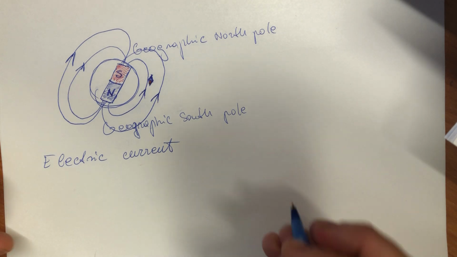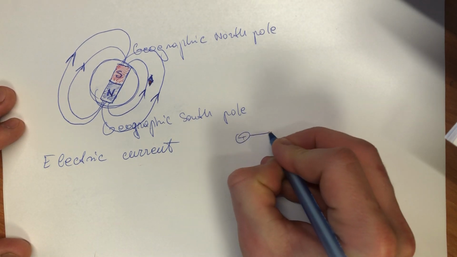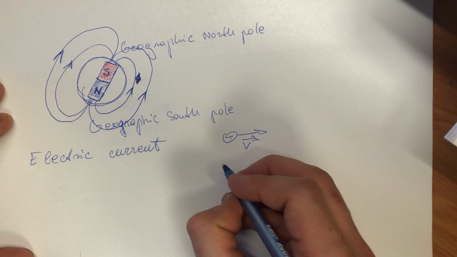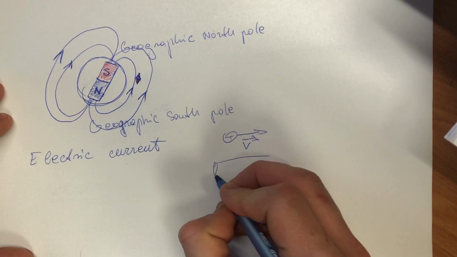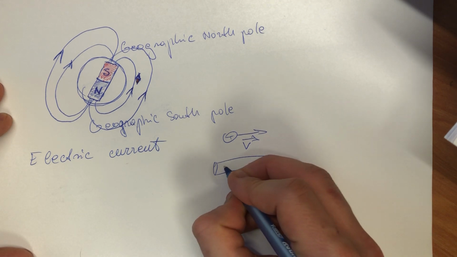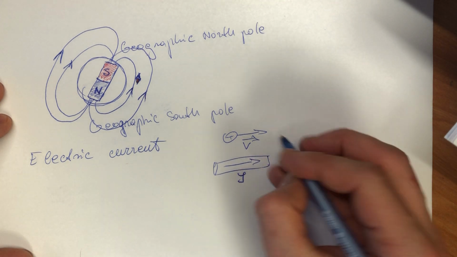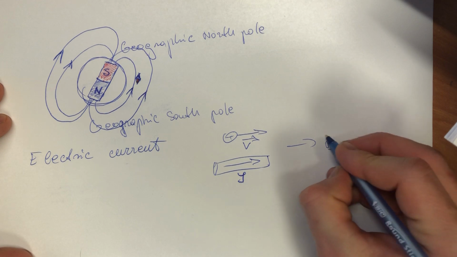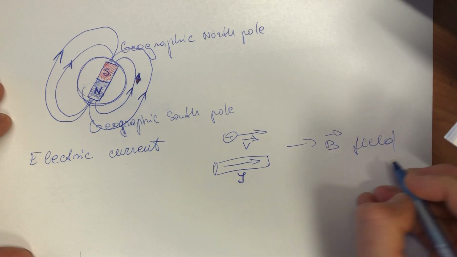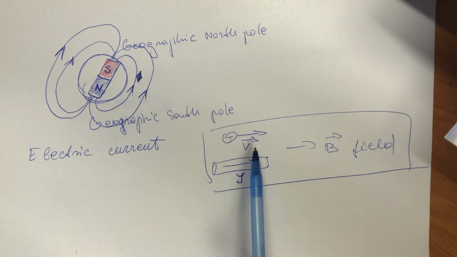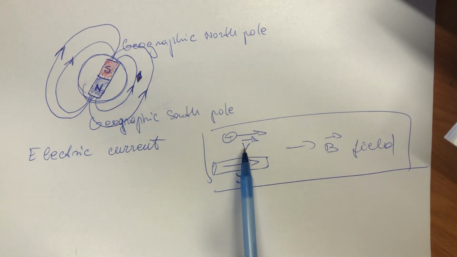Either a charge is moving with velocity v, or in a wire the current is flowing. These create a B field. You have to remember this. This definitely will be on the exam: a moving charged particle or current creates a B field.